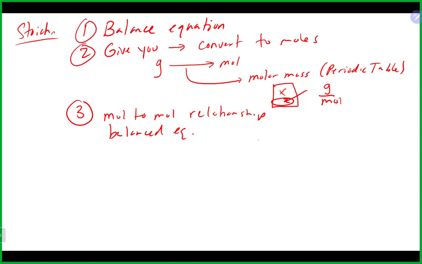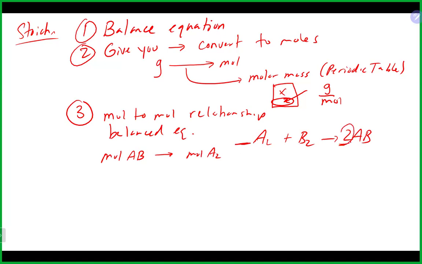So if we had A2 plus B2 goes to AB2, and we got moles of AB, but we wanted to really know about moles, say, of A2, there's just the coefficients, that relationship.